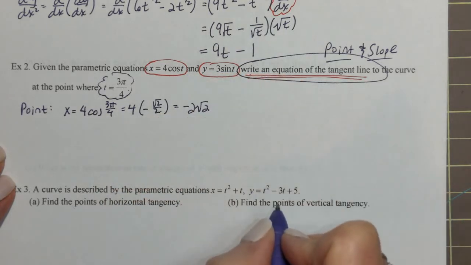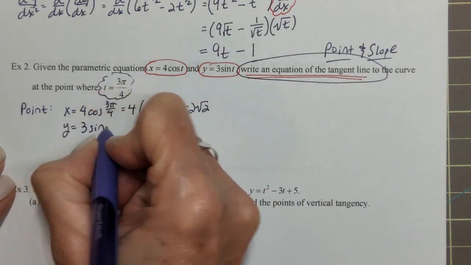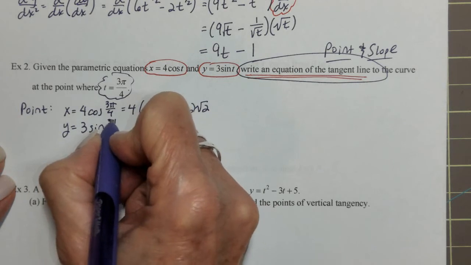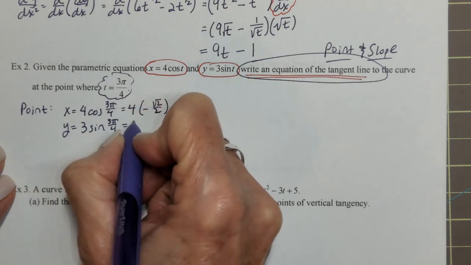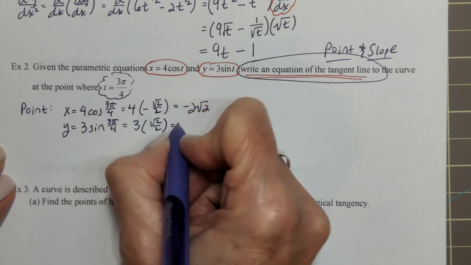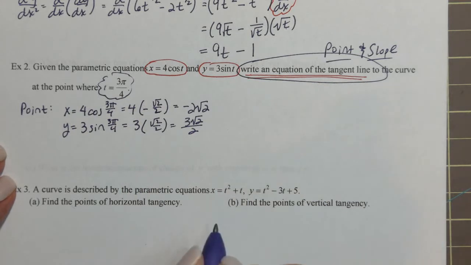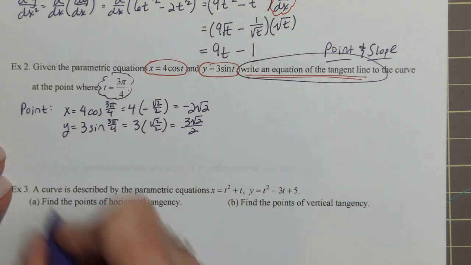So negative 2 square root of 2. The y-coordinate will be 3 sine of 3 pi over 4. That'll be 3 times positive square root of 2 over 2, so 3 square root of 2 over 2. Second quadrant, right?